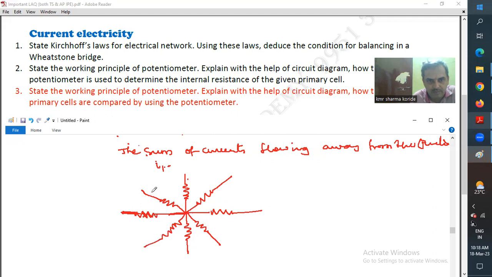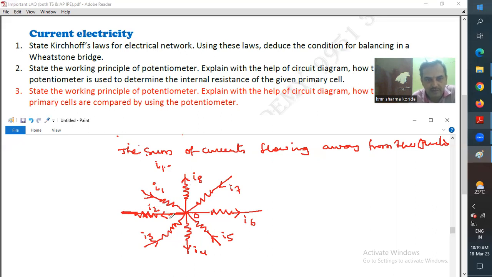If you want, you can take all odd ones towards the junction. Suppose let us say I1 towards, I2 away, and I3 towards, I4 away, I5 towards, I6 away, I7 towards, I8 away. So it's your wish.